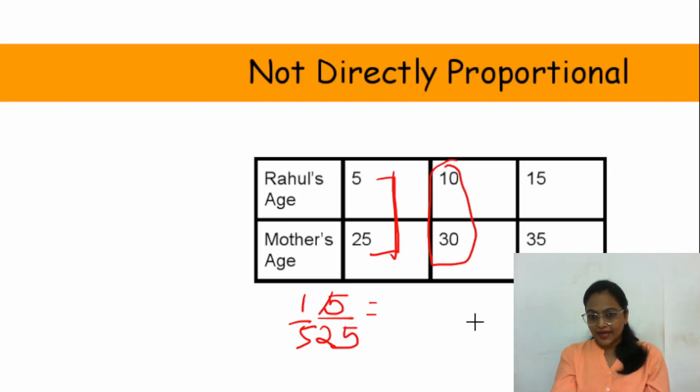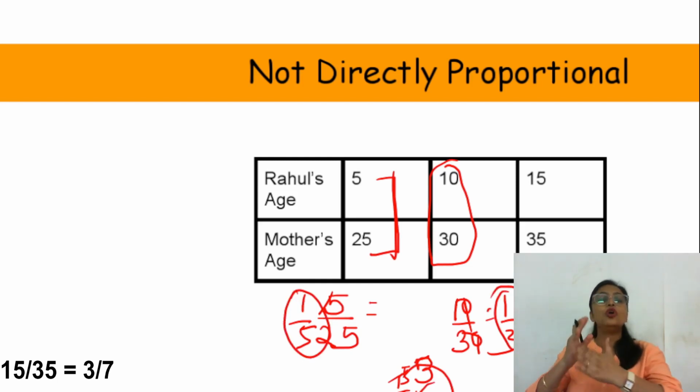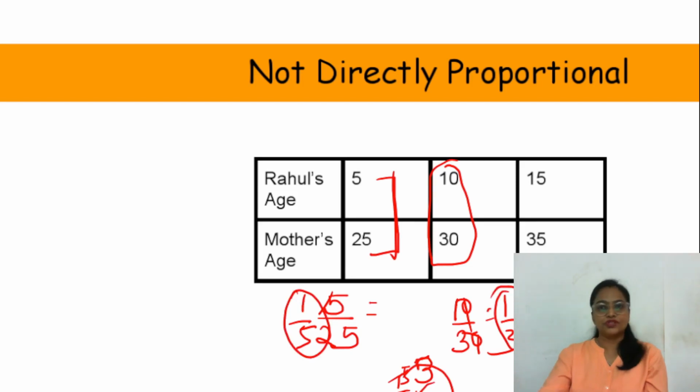This time, that is the present age, the ratio is 1 by 3. This time, 15 by 35, the ratio is 3 by 7, right? So every time the ratio is not the same, that is, the ratio is not constant. So they are not directly proportional, okay?